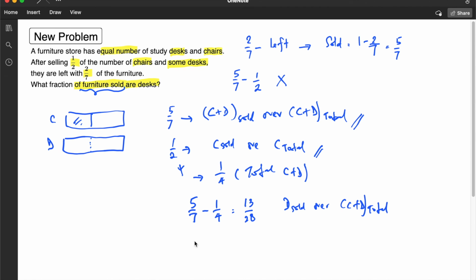So the last step will be to take 13 over 28 and divide that by 5 over 7. This will be equal to 13 over 28 multiplied by 7 over 5. We're going to get 13 over 20 just like before.